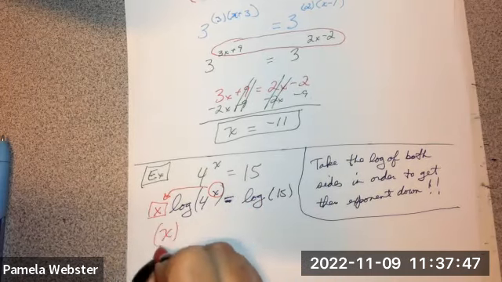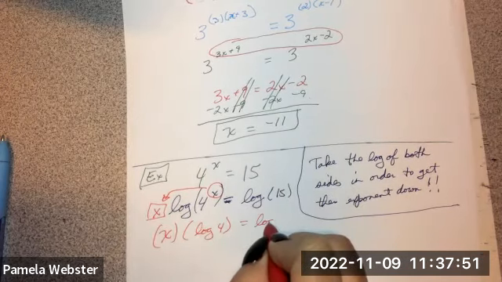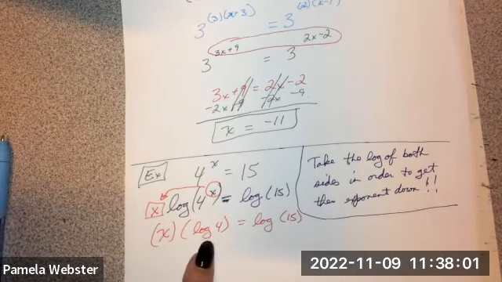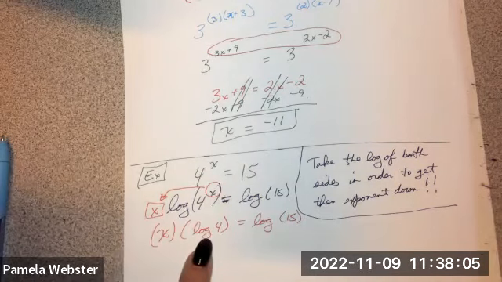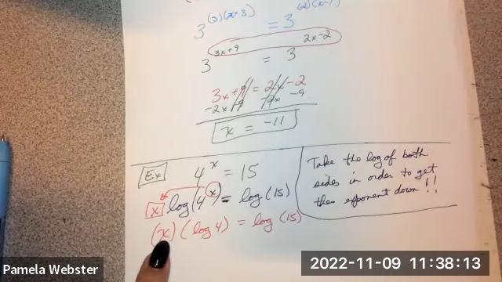So this becomes x times the log of 4 is equal to log of 15. Log of 4 is going to give me a number. If you punch that on your calculator, it's going to be a crazy decimal. I don't want the crazy decimals, so I'm just going to leave it as log 4. But this is a number and it's being multiplied by the x now.